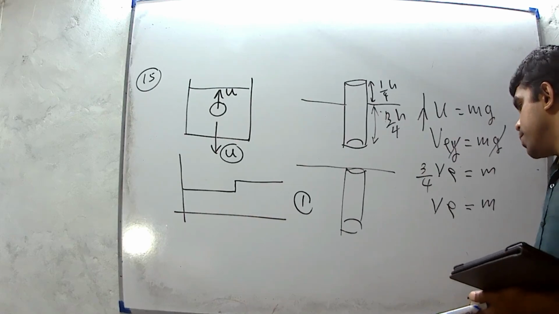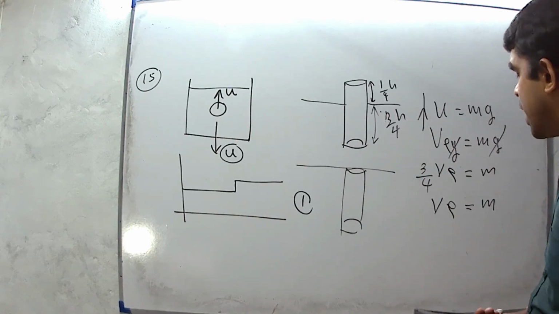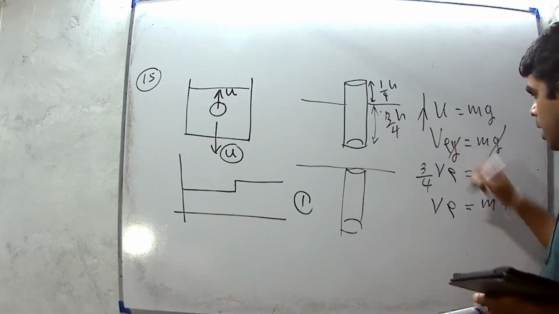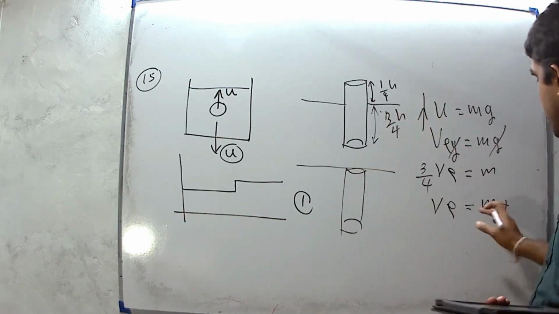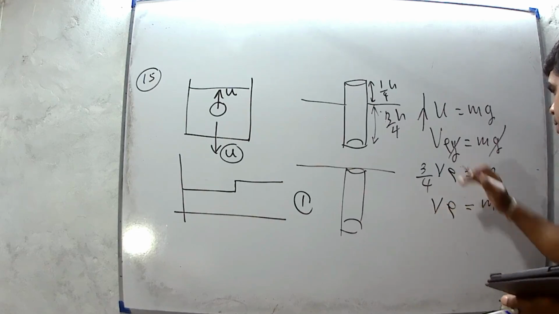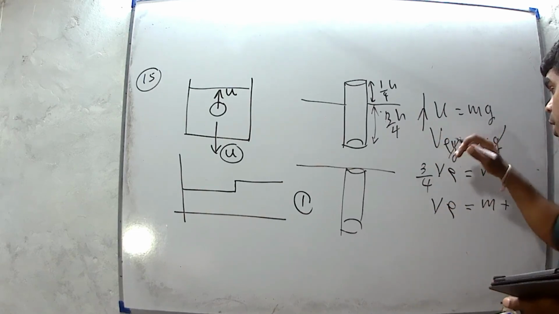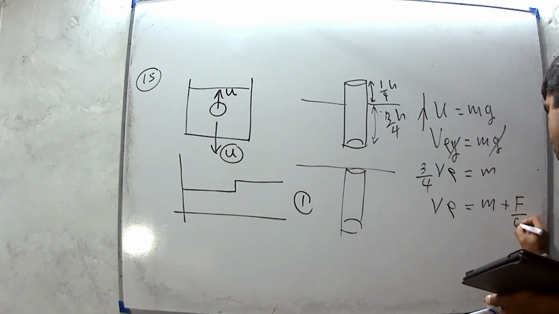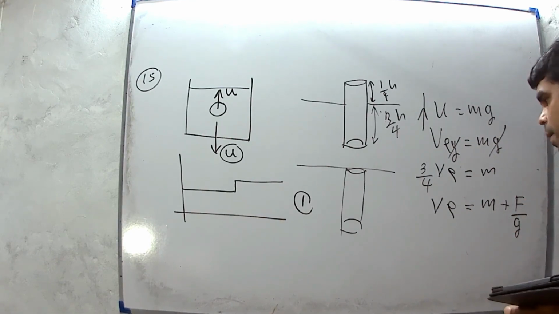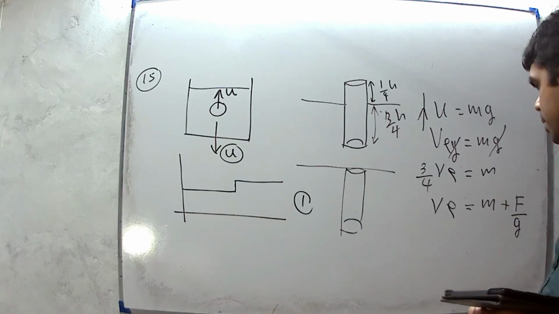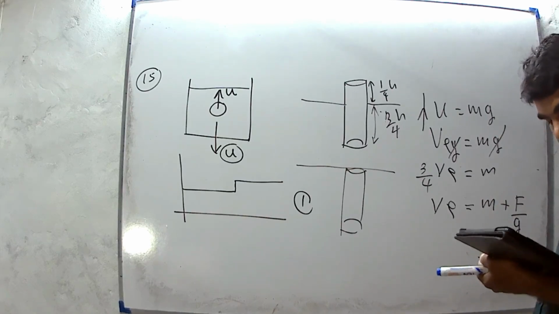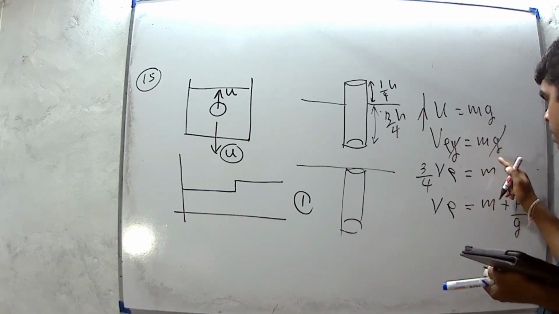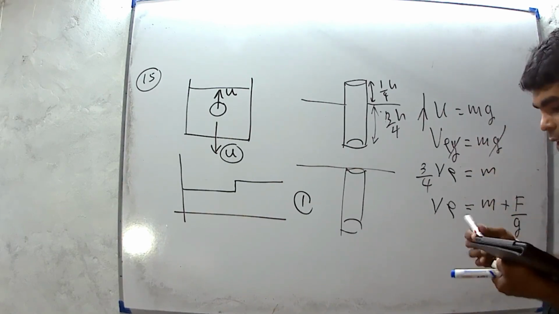We have to get the force plus mass. But since we have cancelled out the g value, we have to use force divided by g. Then we can find F by using these two equations.